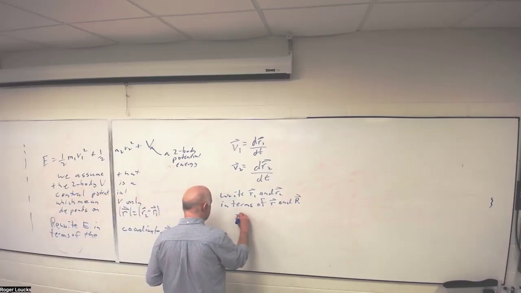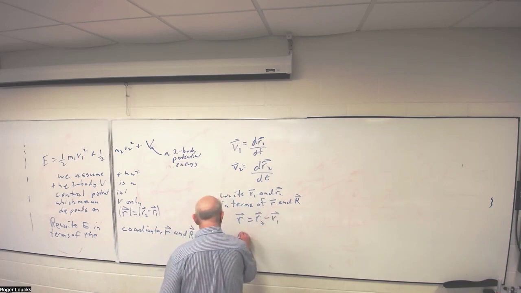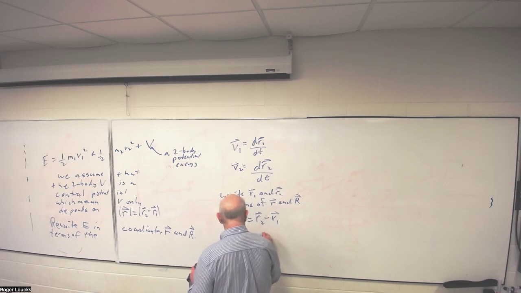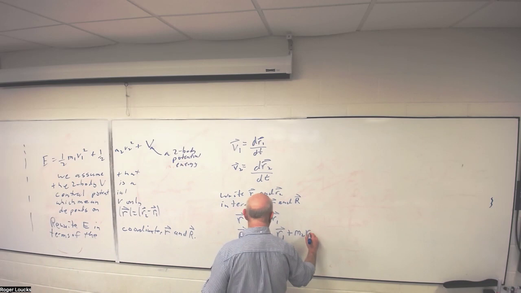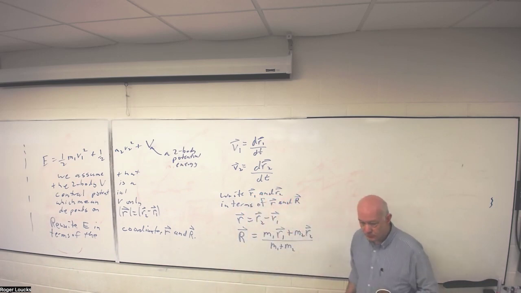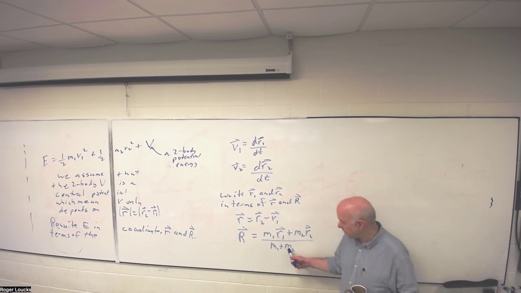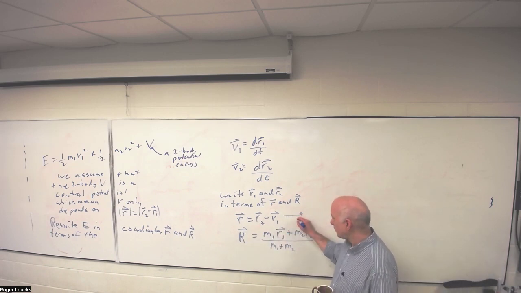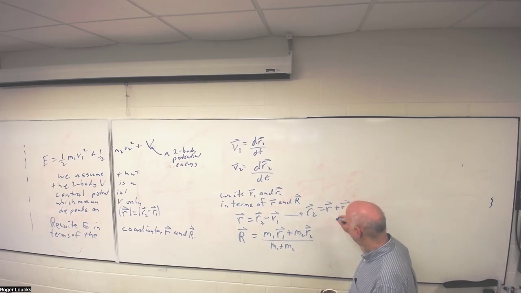We have R equals R2 minus R1, and our big R is M1 R1 plus M2 R2 over the total mass. Let's solve these. I'll solve this for, let's say, R2. So R2 is R plus R1.